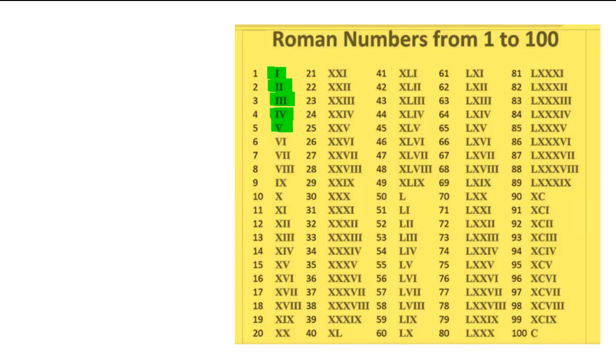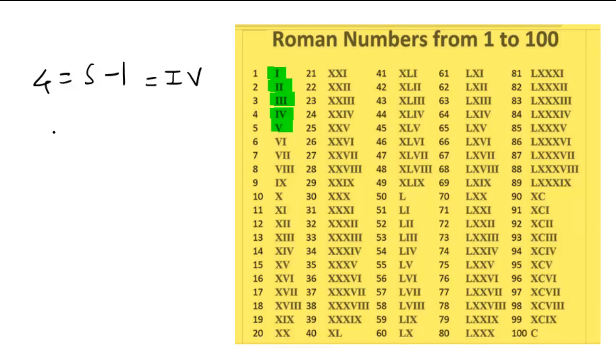Note how 4 is written. 4 is written as 5 minus 1. 5 means V, 1 means I. It is represented as I before V. So here I is subtracted from V.